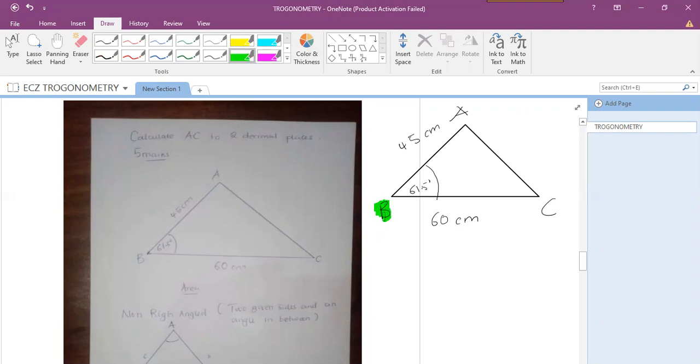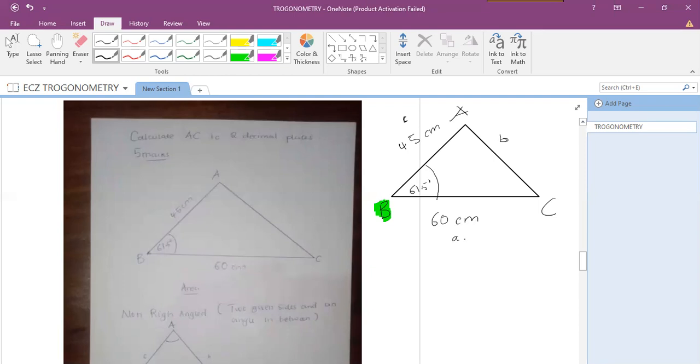So here's how we're going to use it. You follow this same point there, that would be small letter b. And this side here, if you follow it, this would be small letter c. And this side, if you follow it there, this would be small letter a.